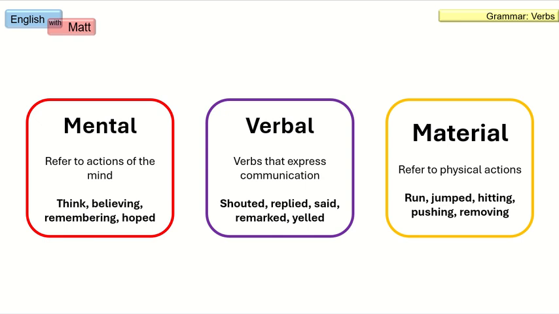So mental verbs are to do with actions of the mind. Verbal verbs are to do with expressing communication. And material verbs are perhaps most commonly referred to because they refer to physical actions, as you can see with the examples there.